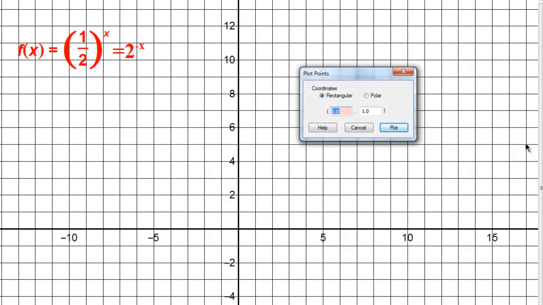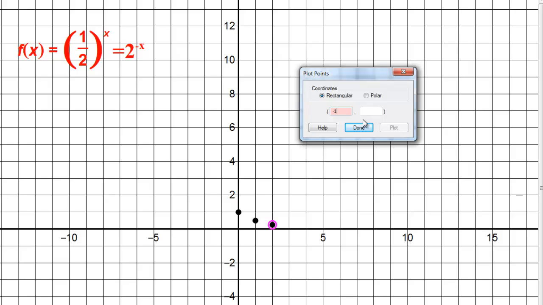So for example, when x is 0, 1/2 to the 0 power is 1. Or any non-zero real number to the power 0 is going to give you 1. Let's say 1. 1/2 to power 1 would be 1/2. 2. 1/2 to the 2 power will be 1/4.